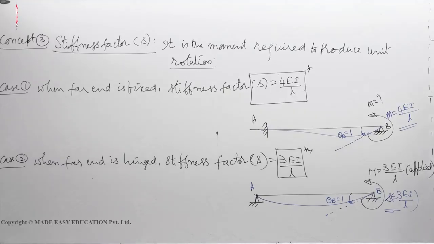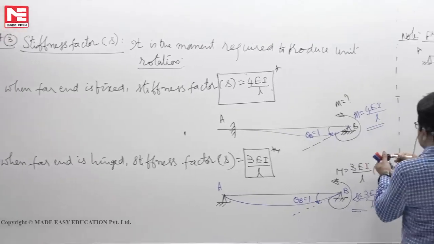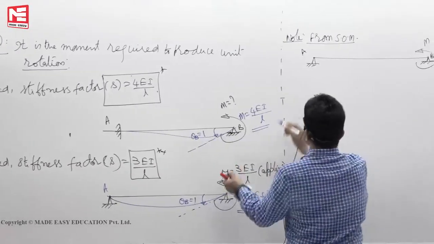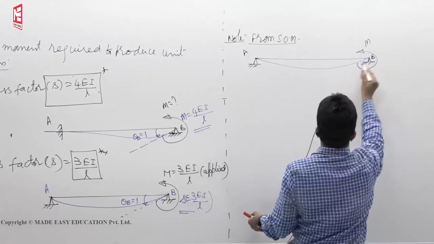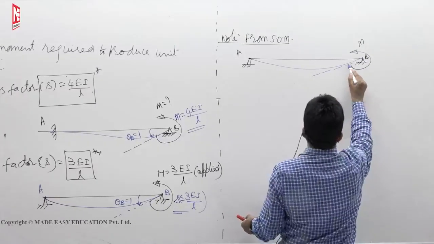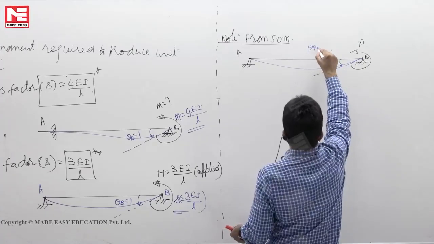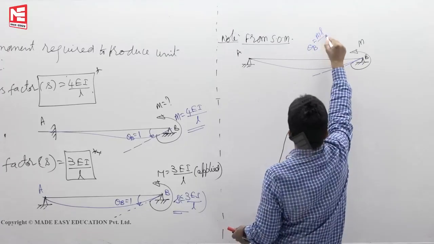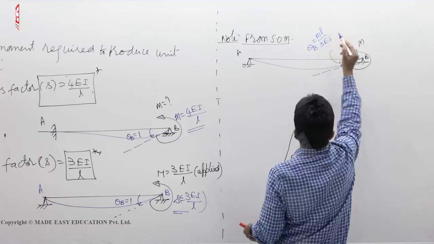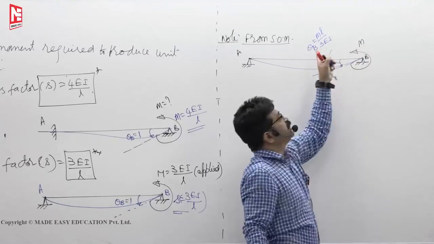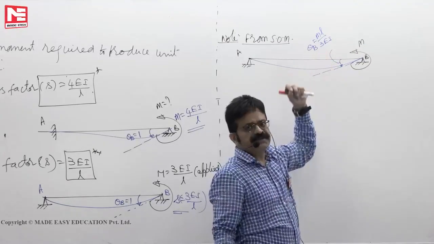You apply a moment M, A, B. Then the deflection profile is like this. This is theta B. From strength of materials, you have studied that it is ML by 3EI. If you apply moment M, theta B is ML by 3EI. That's what you have learned.